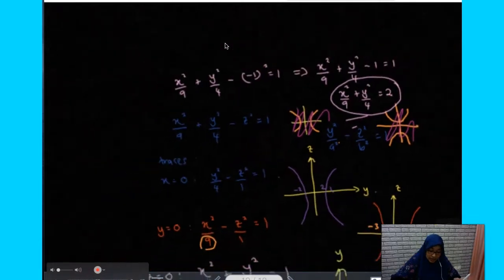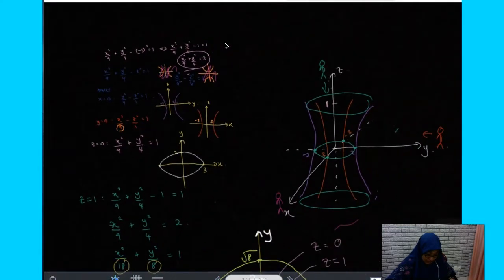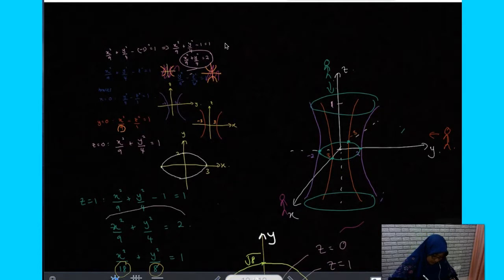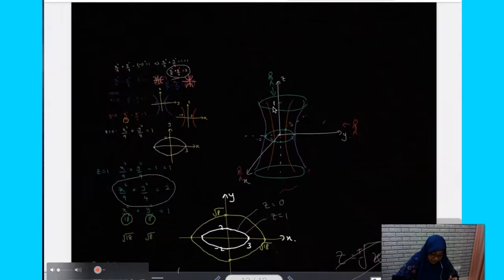Now we want to sketch. But before you sketch, we compare with z equal to 1 that you replaced just now. Hopefully you can see that, it's quite small. We have a similar form, right? z equal to 1 will give the same as z equal to minus 1, meaning that they will have a similar graph.